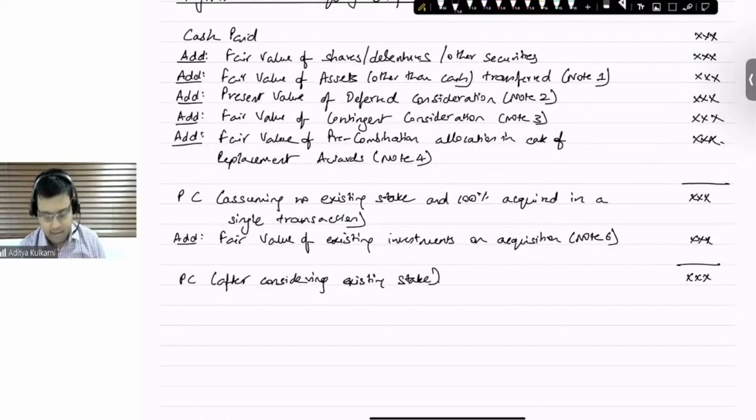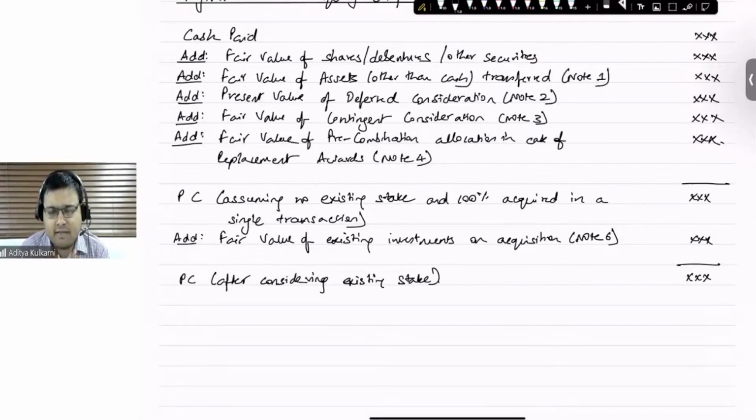A very, very important step in terms of your business combination. I told you it is a 6-step process. The first step is identifying who is the acquirer. The second step is determining the date of acquisition. The third step is by far the most important and the most lengthy step, that is determining the purchase consideration. In that, all the items are at fair value.